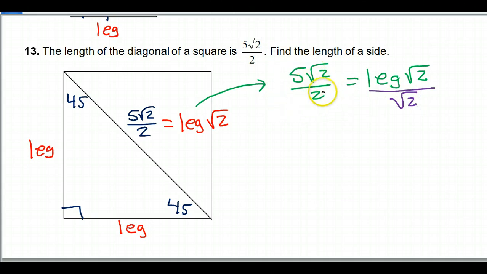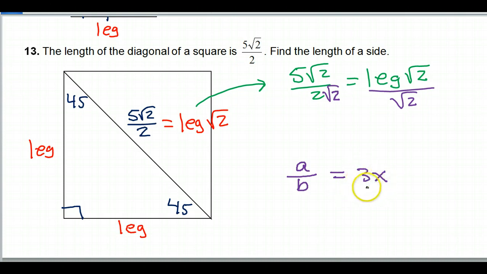Now, if I want to divide this whole thing by root 2, I'm going to let you in on a little secret. If you divide a fraction by something, that's the same thing as just putting that number in the denominator. So in other words, for example, say I have a over b equals, I don't know, 3x.